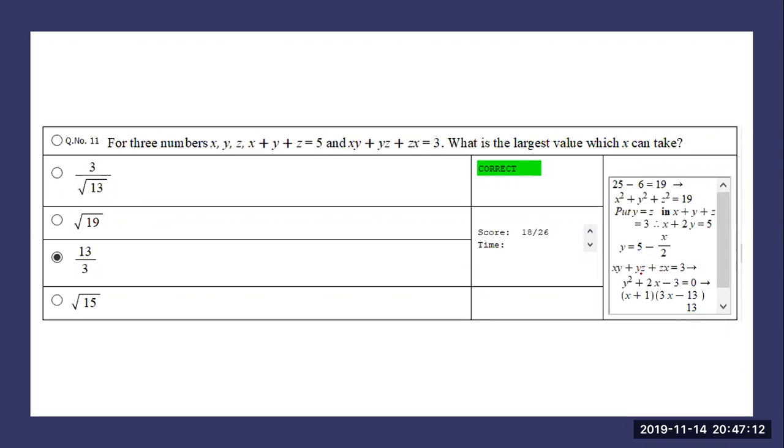Substituting all this, you will get a relation in terms of x. If you simplify it, (x plus 1) into (3x minus 13) will be equal to 0. So either x is equal to minus 1 or x is equal to 13 by 3. Therefore, the answer is 13 by 3.